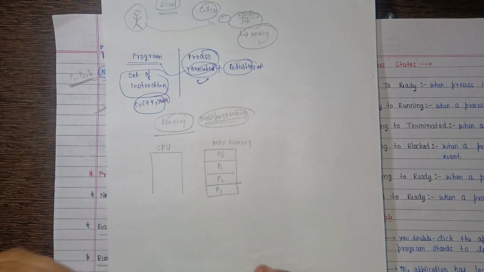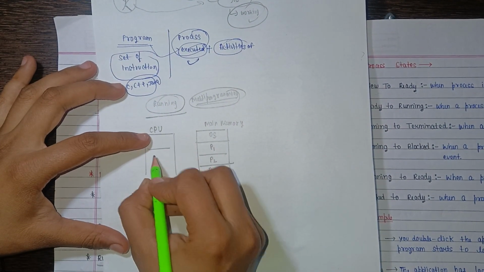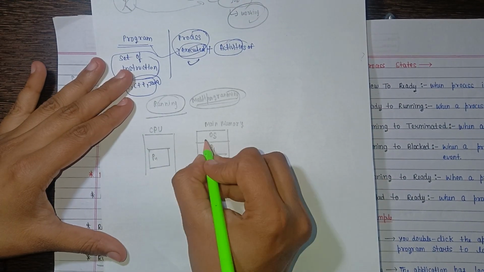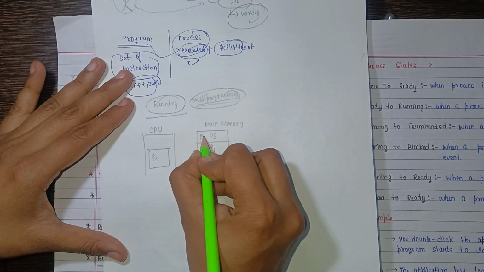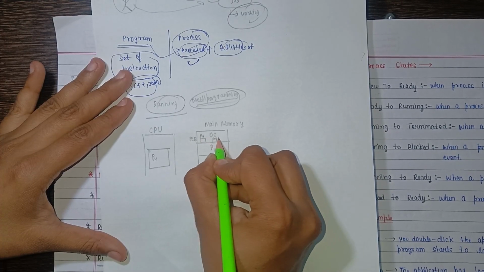Basically the dispatcher, like here the data of P4 is running, and here is the P4 PCB, here the P1 PCB.